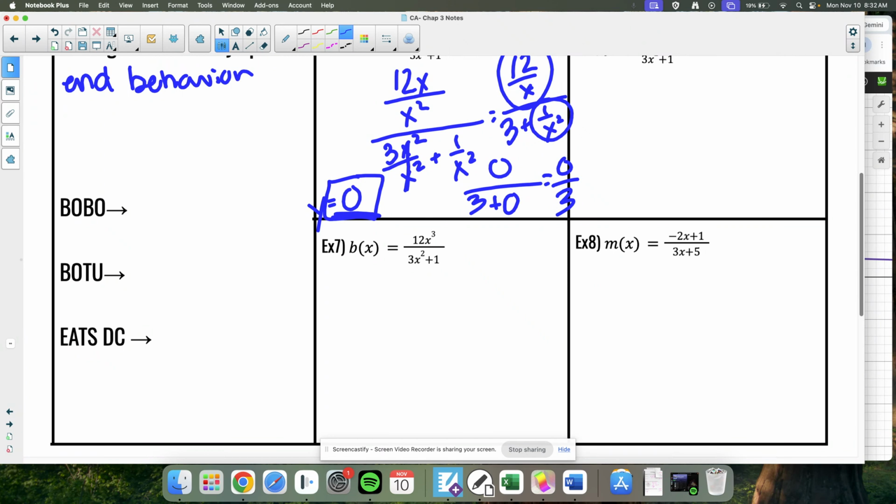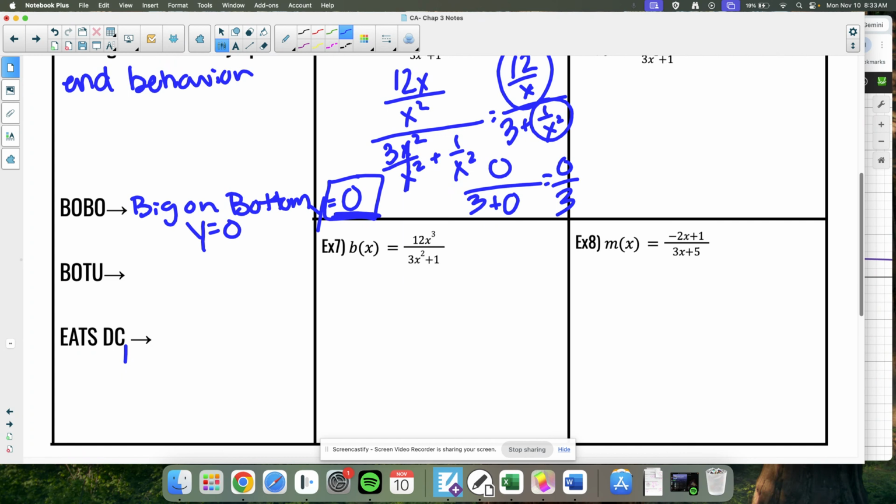So the first one, BOBO: if you're big on bottom, your horizontal asymptote is just going to be at 0.